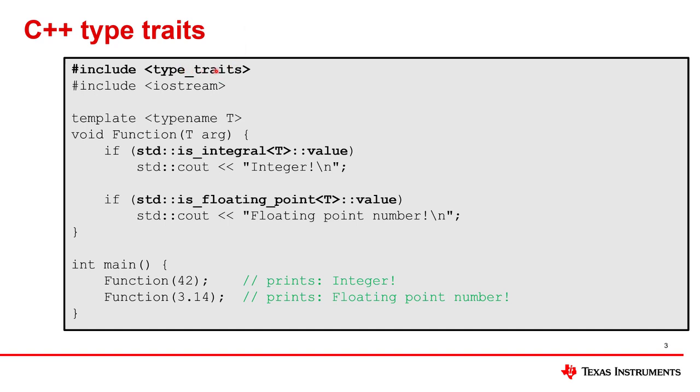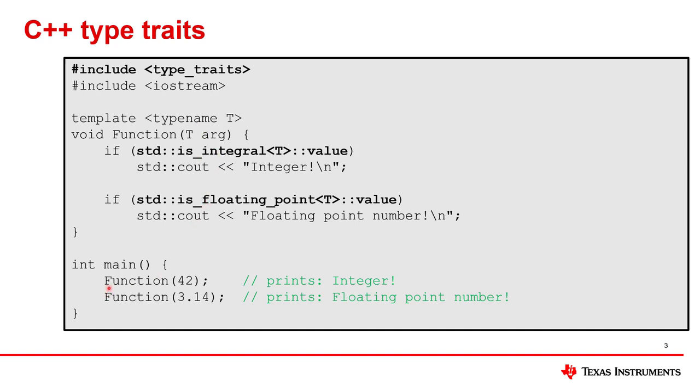It is a standard header file. That's the name of it, type traits. And what's it for? It allows you to query for some template. Here's a function template. The type is not specified at the time that you write the code. That specification happens when the code is built, and you can basically ask, well, what is the type that I have?